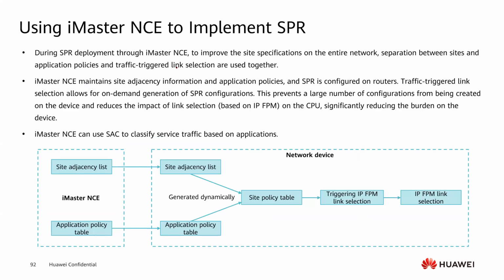This is how we use NCE to implement SPR. Like in NCE Campus, we just learned it has this SPR to control, if the traffic is going out from the campus, which path it should choose.